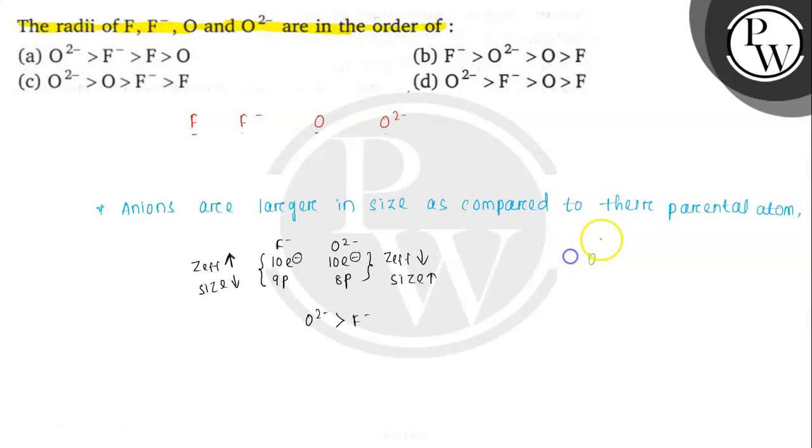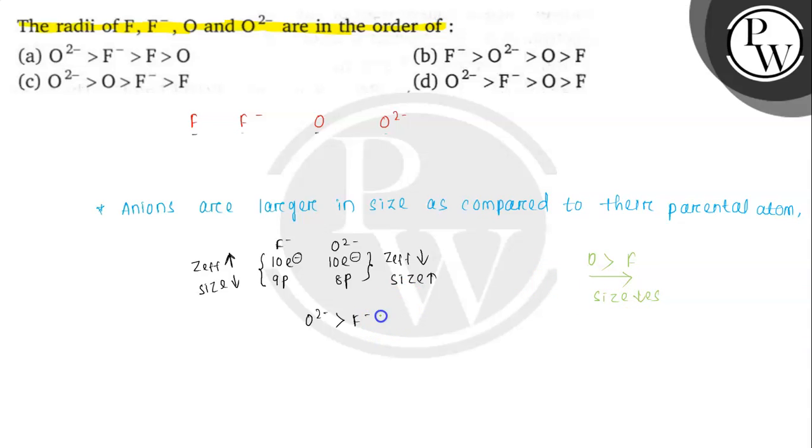They are in the same period, O then F. So if we go in a period from left to right, what happens? Size decreases. Size decreases when we go from left to right. That means oxygen has larger size than F, or you can say that oxygen has larger radii than F.